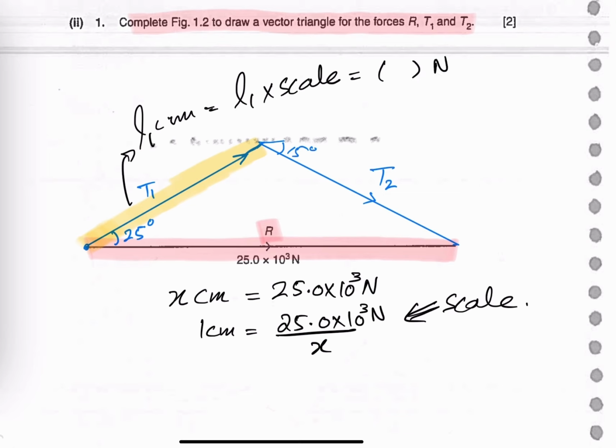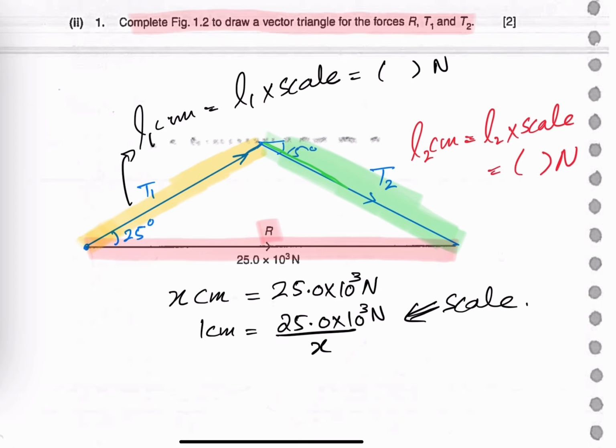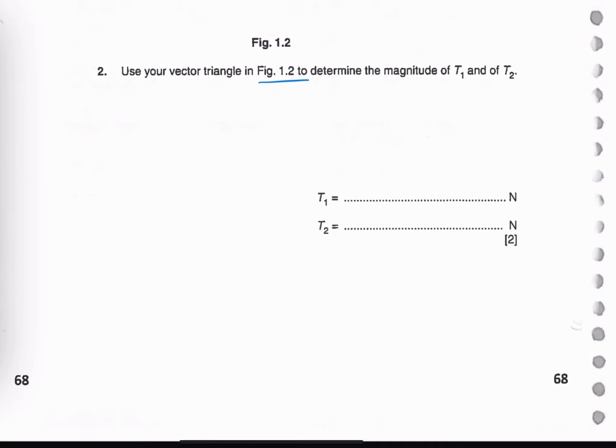Same goes for this one. You have to measure this length from this point to this point with the scale. Let's suppose this length is L2 centimeters. Then you have to multiply L2 by the scale. That will give you your answer in newtons. Okay, so these will be the magnitudes of T1 and T2.